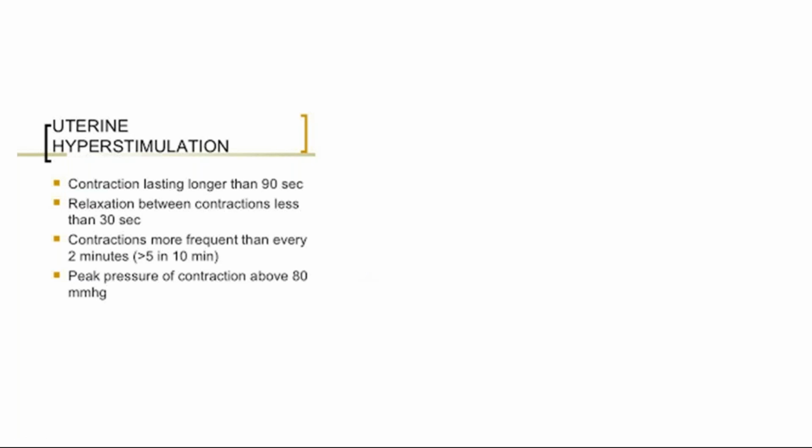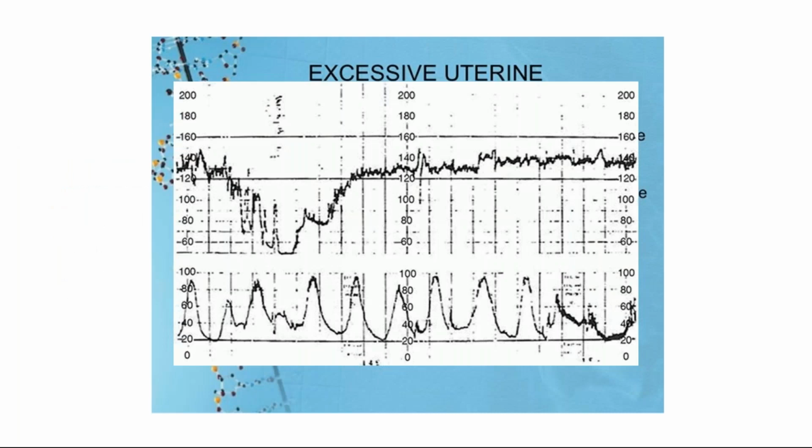So each contraction is lasting for more than 90 seconds. The relaxation in between is less than 30 seconds. That's what you have seen in the previous graph. See here, there is no relaxation at all. But fortunately the contractions are not lasting for more than half a minute, hardly.